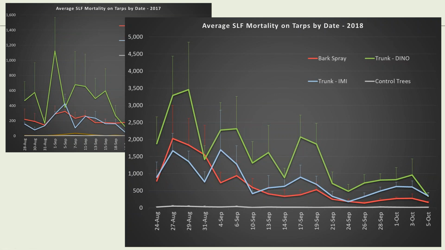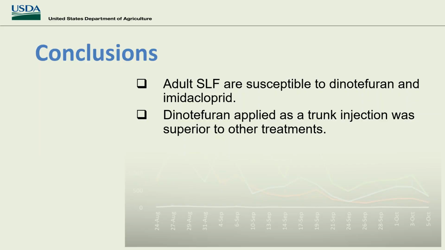But in general, the trend is that the Dinotefuran trunk injected product is superior, consistently superior over time. And again, you see in late September, you see that migration, and you see that decline in the number of adults that we're capturing. So that's just another part of the biology of this insect, is that we are killing these insects off every day, and more of them are coming in from the surrounding areas. So it's a very difficult insect to control.